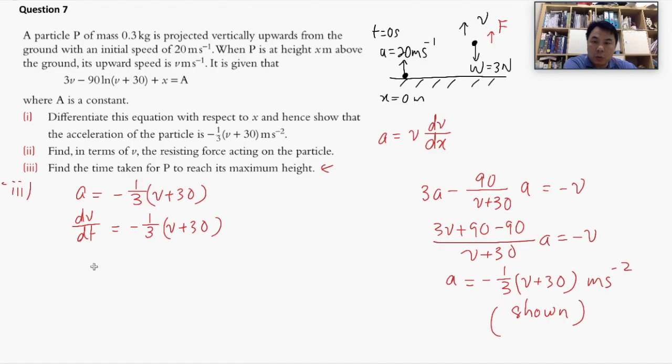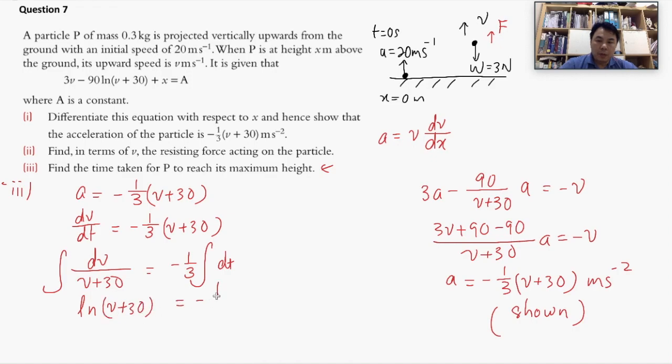Okay, as usual, we're going to group them. That will give us ln(v plus 30) plus a c there.